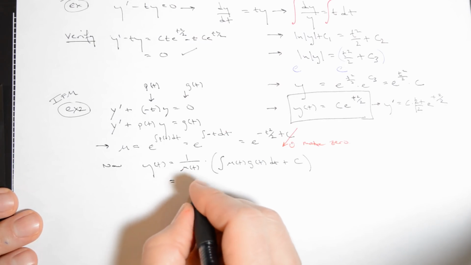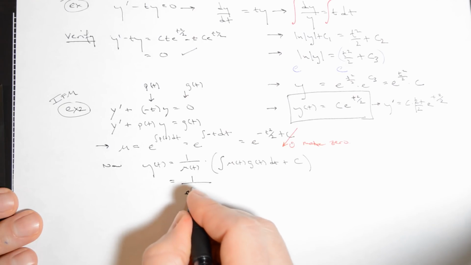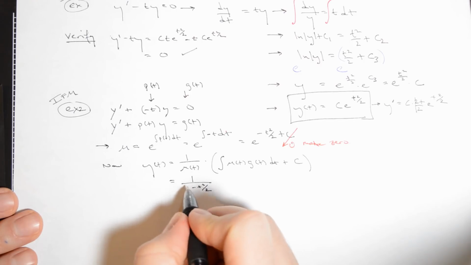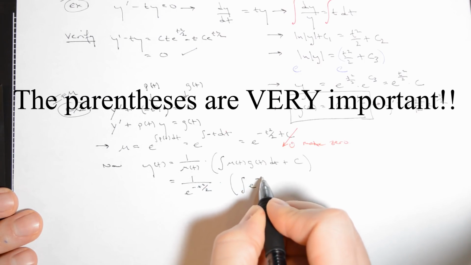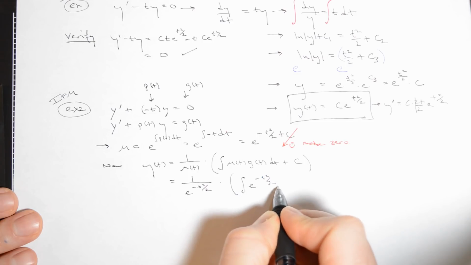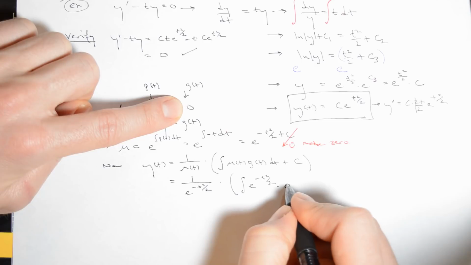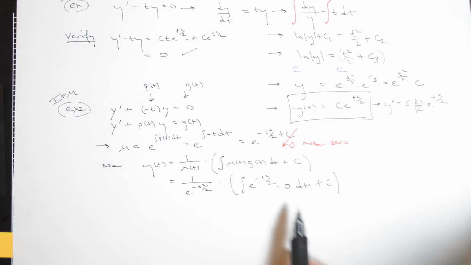So this will become equal to 1 over mu, which is e to the minus t squared over 2, times, open parenthesis, the integral, mu e to the minus t squared over 2, times g. What's g? G of t is equal to 0, dt plus c.